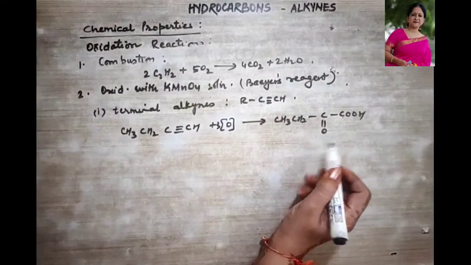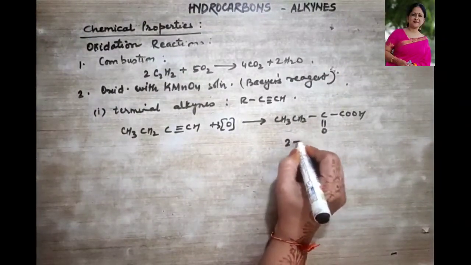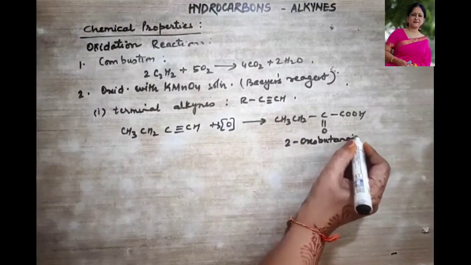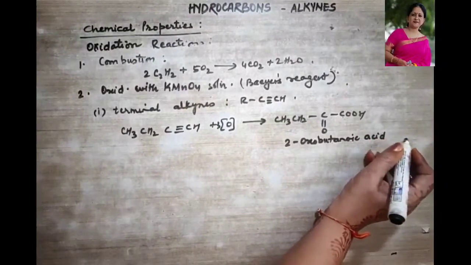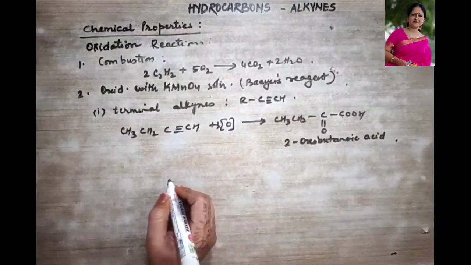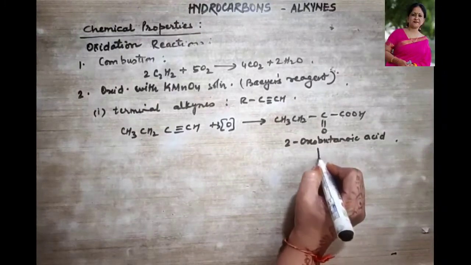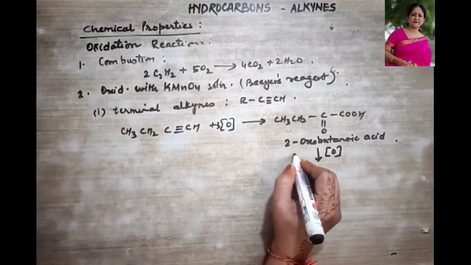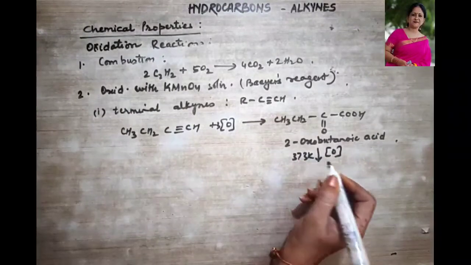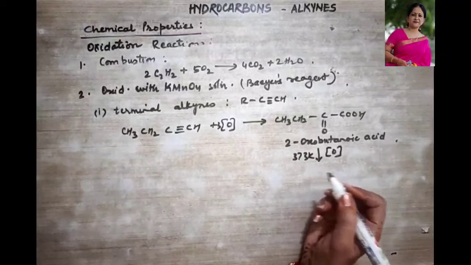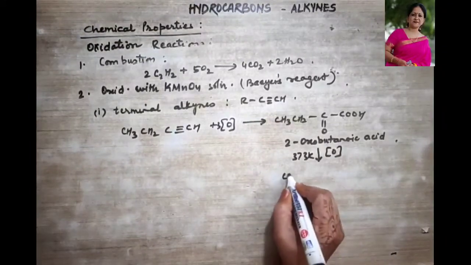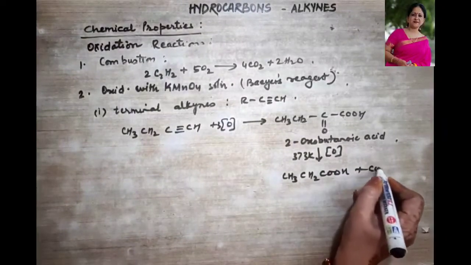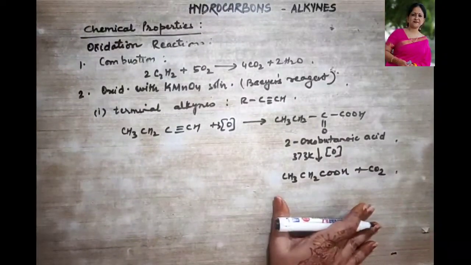So what is the name of this compound? This is called 2-oxobutanoic acid. Okay. Now, further this can be oxidized at 373 Kelvin, and it can give us propanoic acid also. That is, it will give us CH3, CH2, COOH, and carbon dioxide gas can be given out.